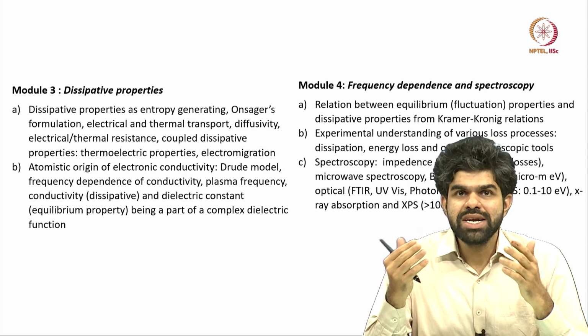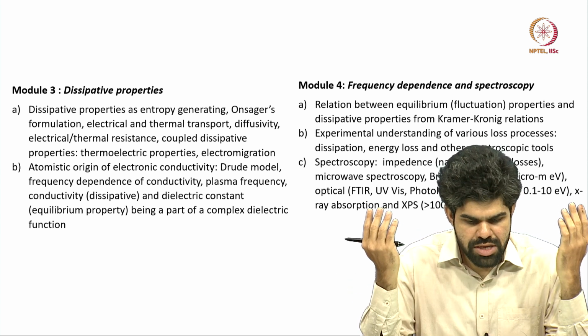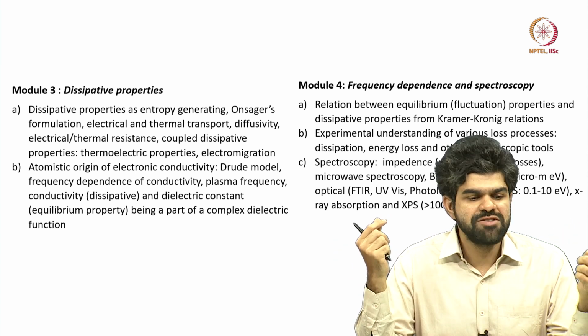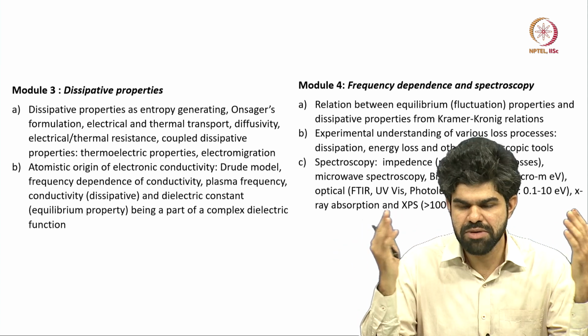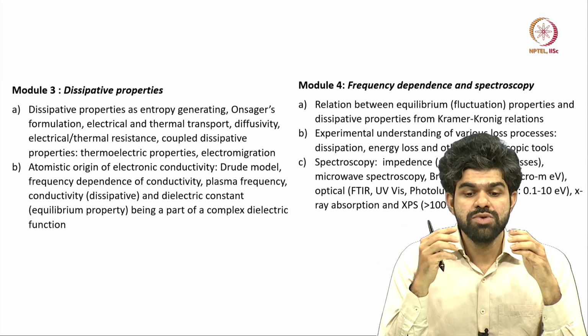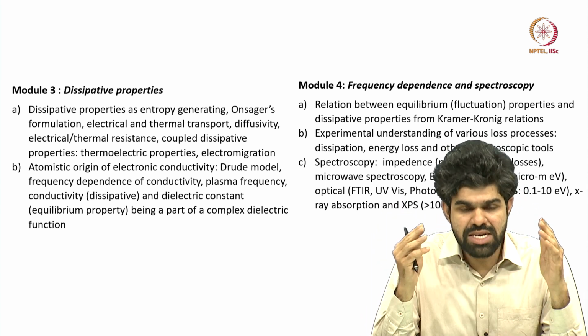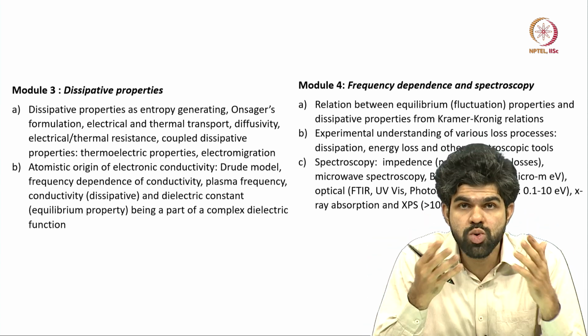Just to give you an example of a conservative property, take the capacitance of a material. If you remember your basic electronics engineering or basic physics, you were taught that a material is a capacitor if it can store energy and is not losing its energy, right.